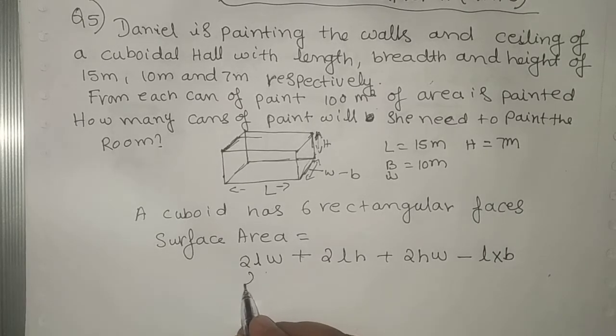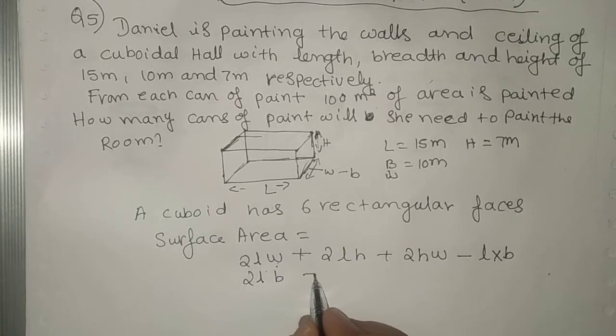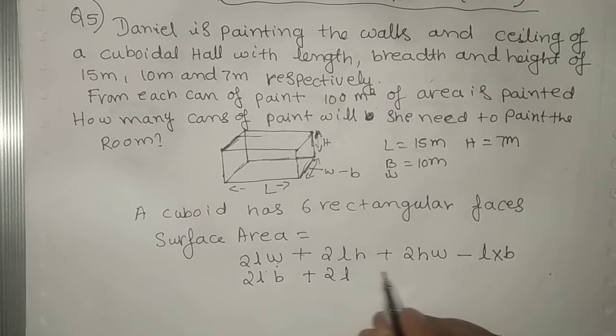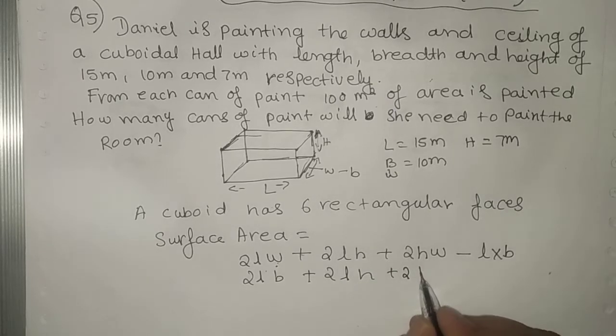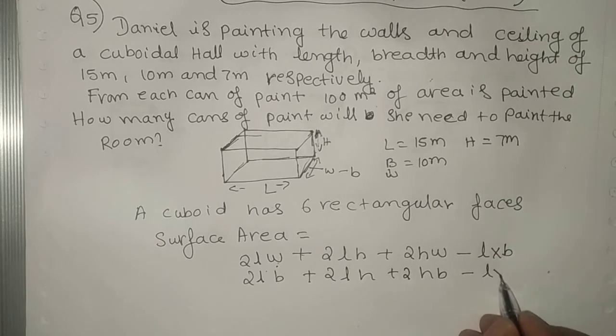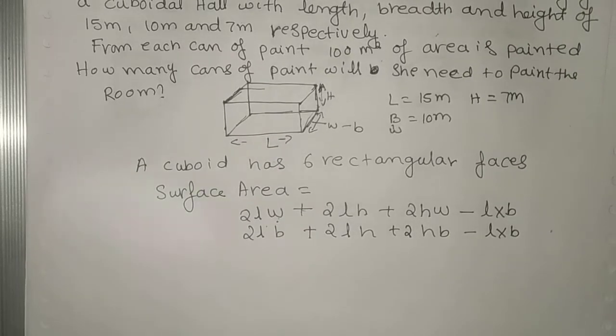This can be written as 2 into l into b plus l into h plus h into b, minus l into b. So surface area can be calculated using this formula.